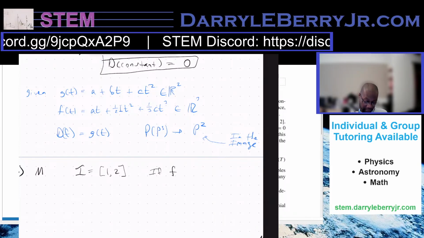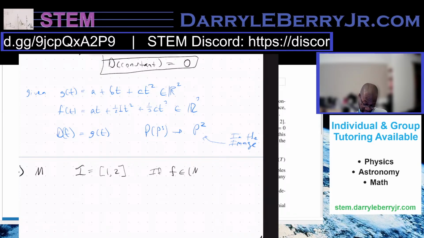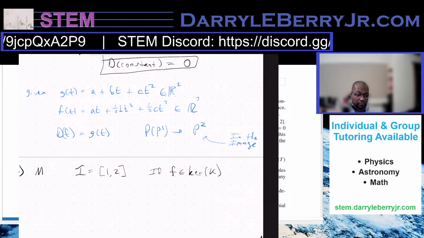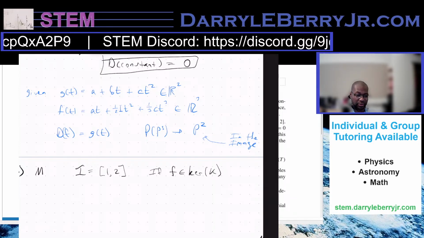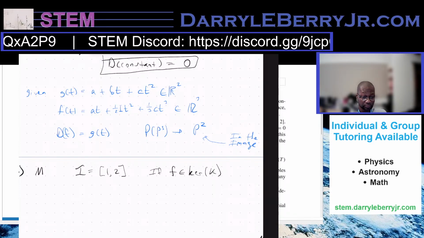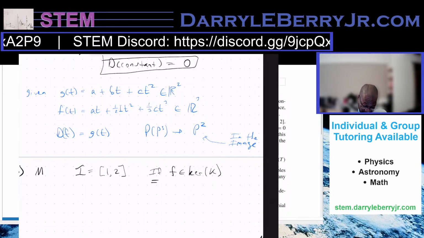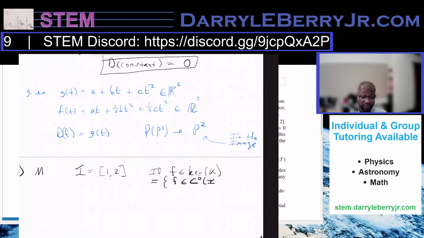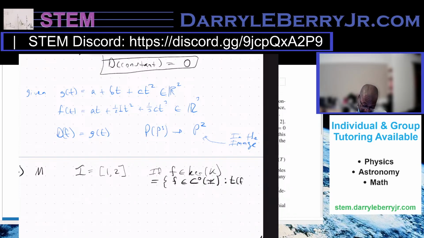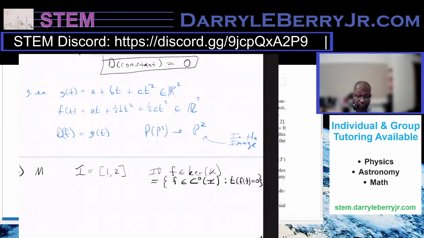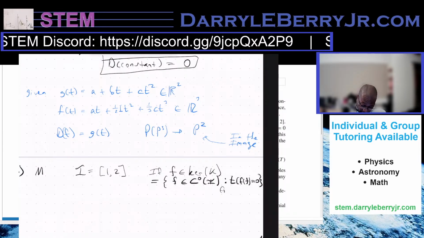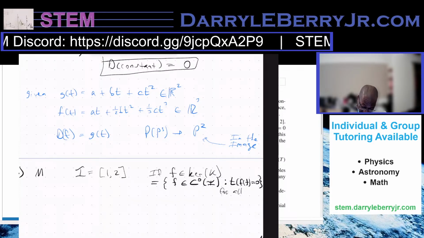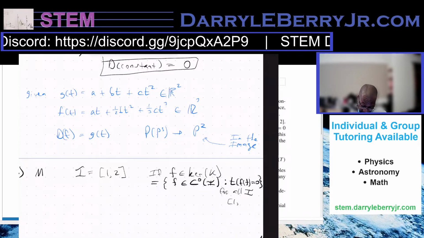If f is in the kernel of M, meaning the transformation M of f equals 0, then that equals t f(t) equals 0 for all t in the interval 1 to 2.